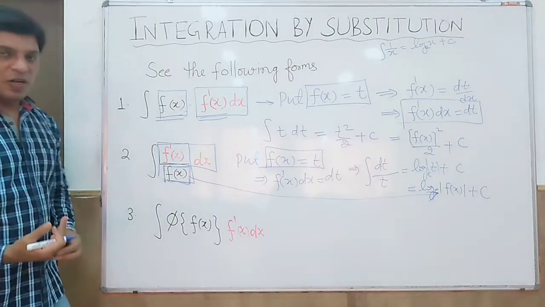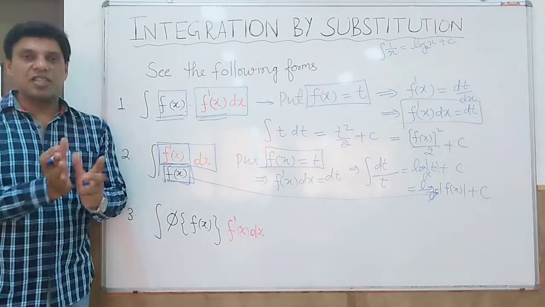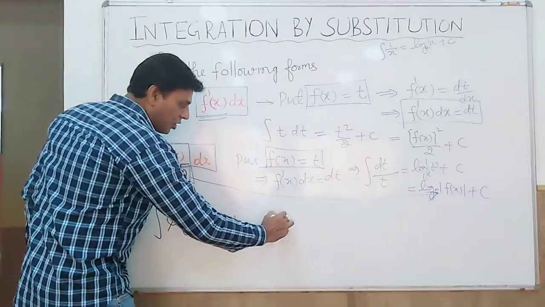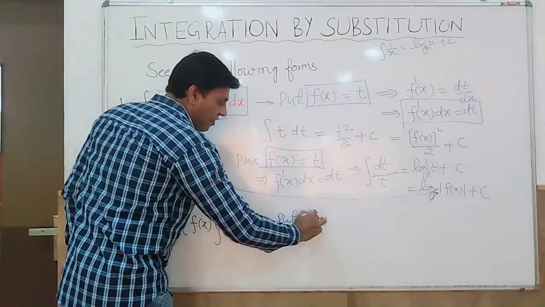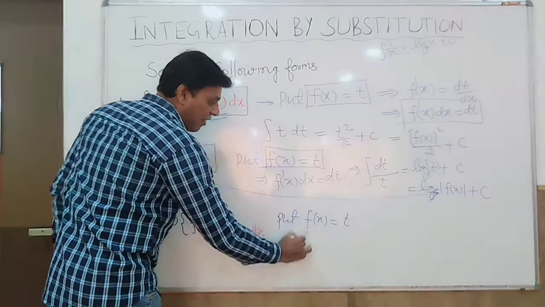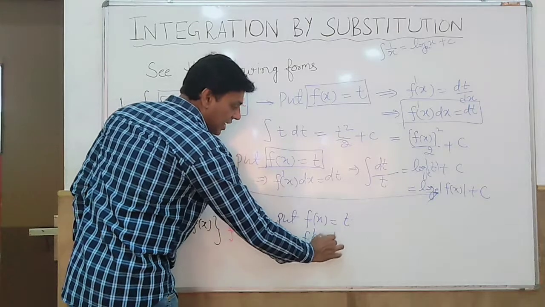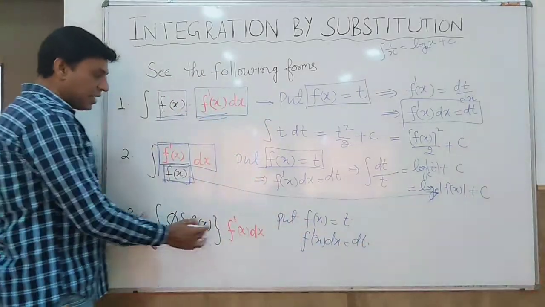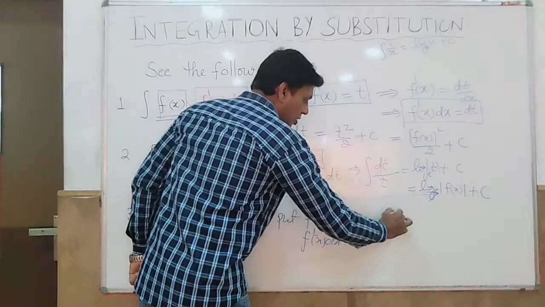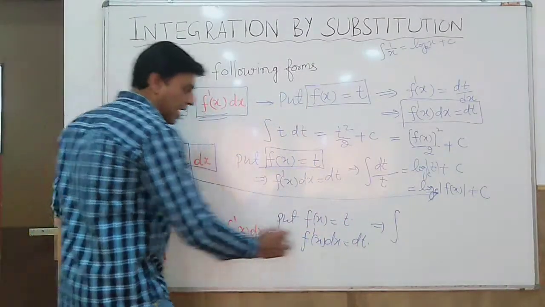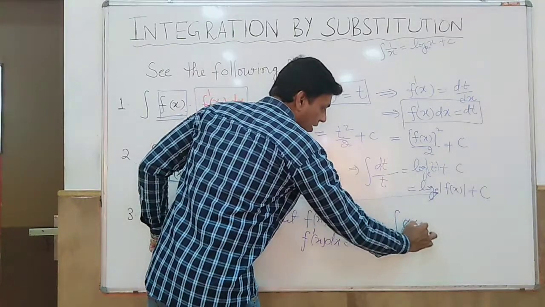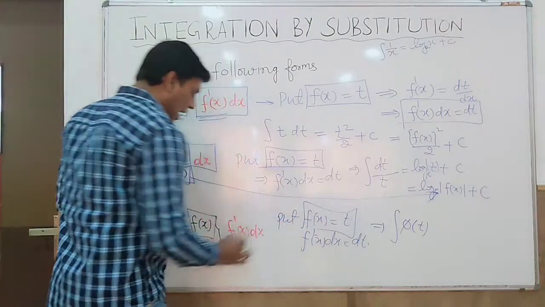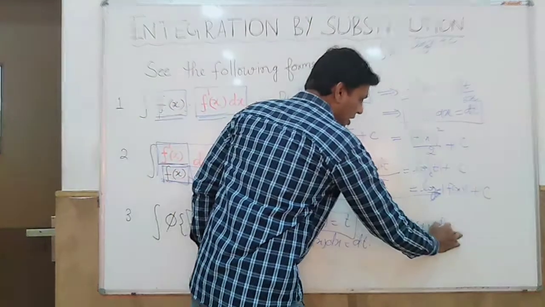Now come to the third situation. In this situation also it is depending upon what type of function phi is given to you. But the same thing, that you have to put f x is equal to t, and finally f dash x and dx will be equal to dt, and after making these substitutions you will have an integration of a function in t, in place of f x you have put t, and then f dash x dx is dt.